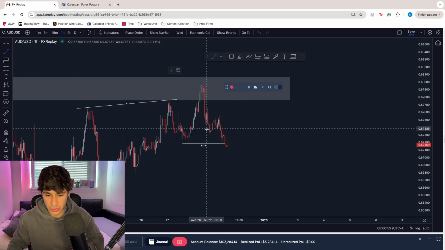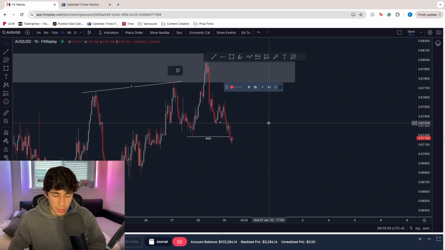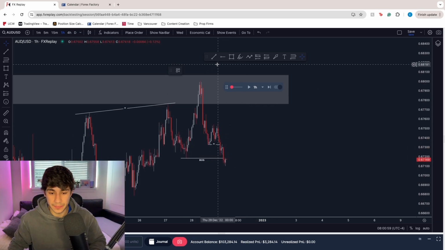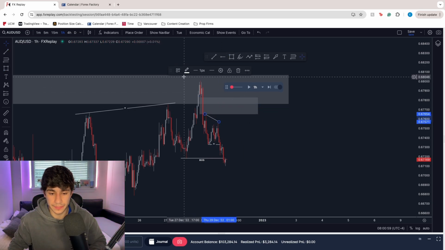So price also took Wednesday's low at this point here. So now we could maybe see some rejections to the upside, maybe looking to see if price is able to reach this gap here, considering this as liquidity, right?